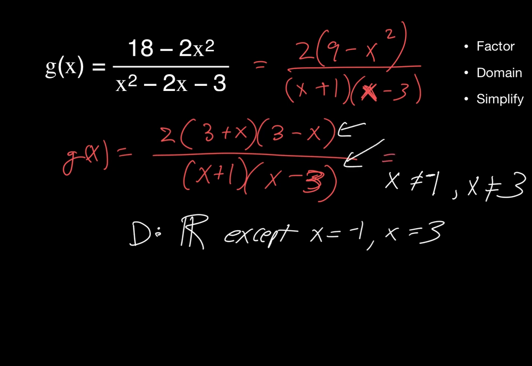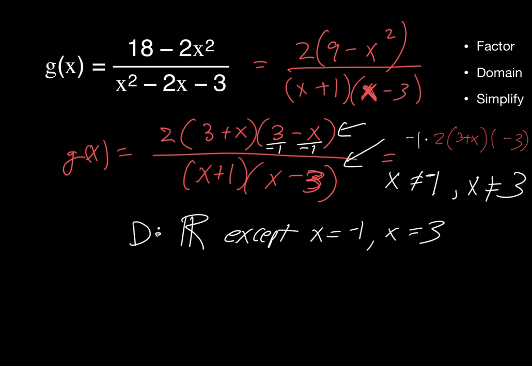I am going to, from this parenthesis set, factor out a negative 1. So I'm going to take 3 divided by negative 1 and negative x divided by negative 1. When I do that, that negative 1 will be out in front. So negative 1 times, and then I'll have the 2 that's out there, the 3 plus x that's out there, and then 3 divided by negative 1 is negative 3.